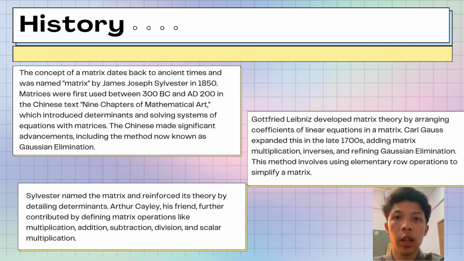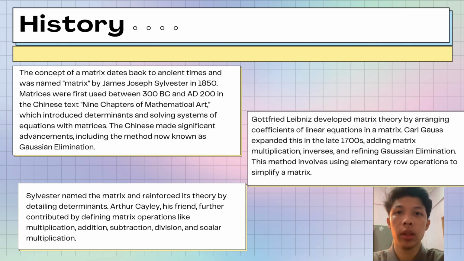Gottfried Leibniz developed matrix theory by arranging coefficients of linear equations in a matrix. Carl Gauss expanded this in the late 17th century, adding matrix multiplication, inverses, and refining Gaussian elimination. This method involves using elementary row operations to simplify a matrix.